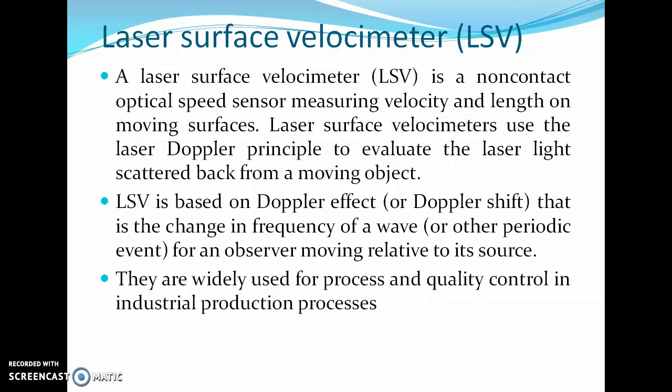So basically it is an optical speed sensor measuring velocity and length on a moving surface. Laser surface velocimeters use the laser Doppler principle to evaluate the laser light scattered back from a moving object. Basically the working principle of LSV is based on the Doppler effect.